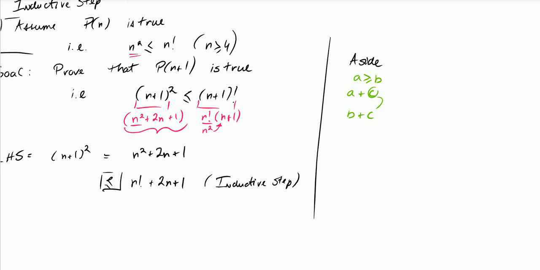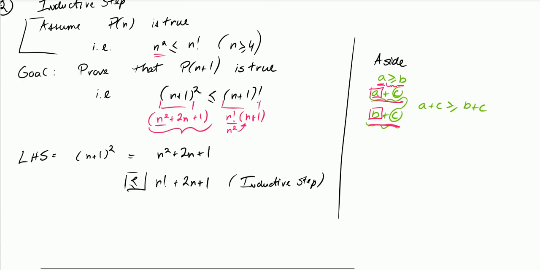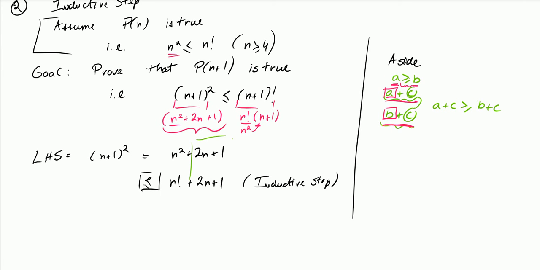C is obviously the same thing as C. So the only thing that's different between these two statements is A and B. But since A is greater than or equal to B, that means this whole statement is greater than or equal to this whole statement, right? So A plus C is greater than or equal to B plus C. And it's the same thing here. This is like my C. This is like my A, and this is like my B, okay?